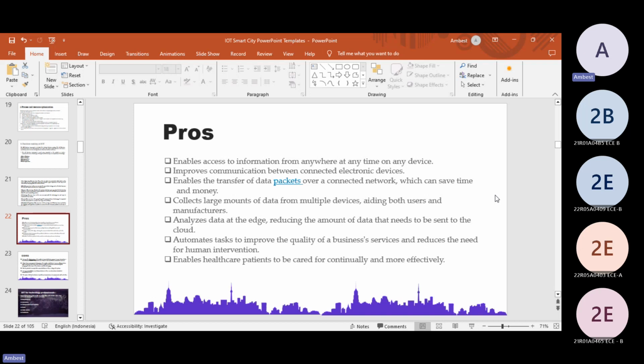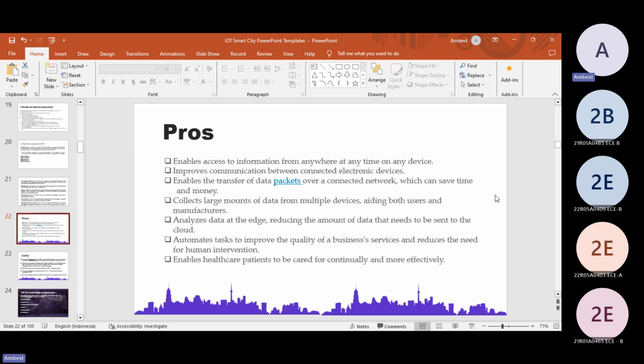And the second thing was, like the example I mentioned before, if two electronic devices have communication between them, there is going to be an improvement of communication. And the next thing is it collects a large amount of data.